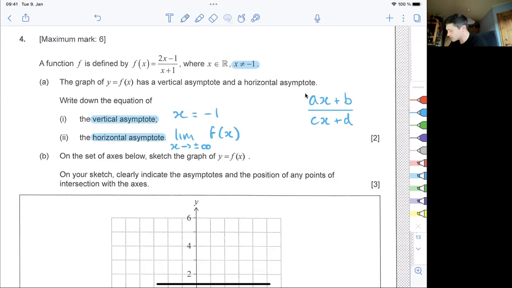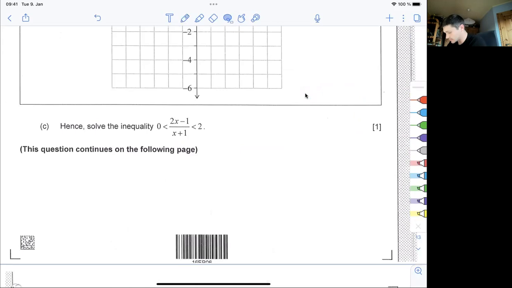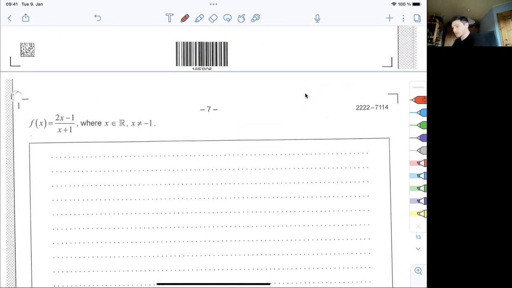All right, so let me get rid of this here. Let's come down. So I'll write a bit of a note in blue, so you wouldn't have to write the blue bit here in your exam, but the red bit that I write will be the kind of the answer. The answer plus the working.